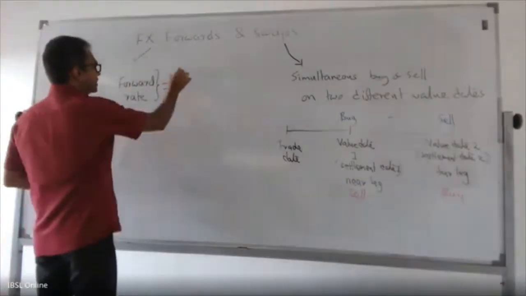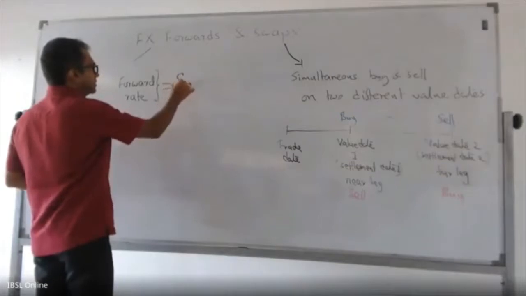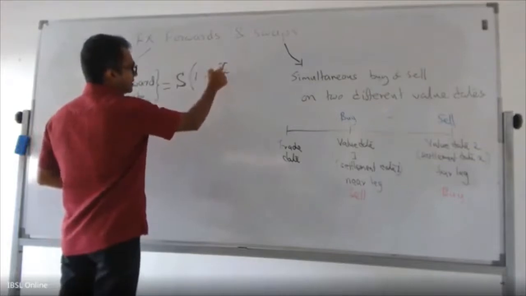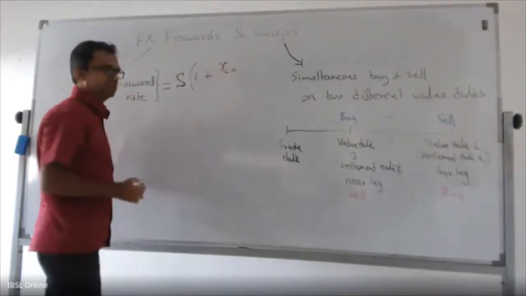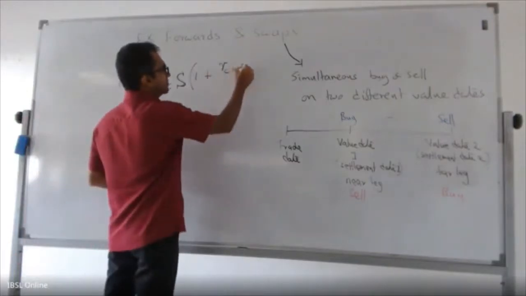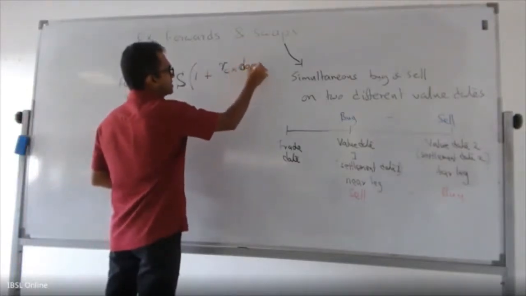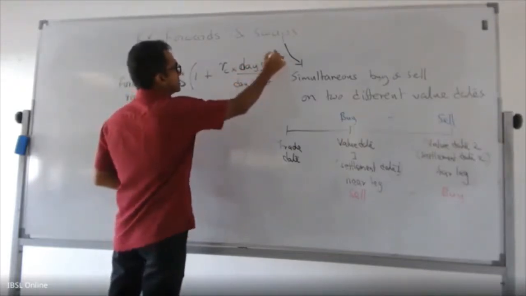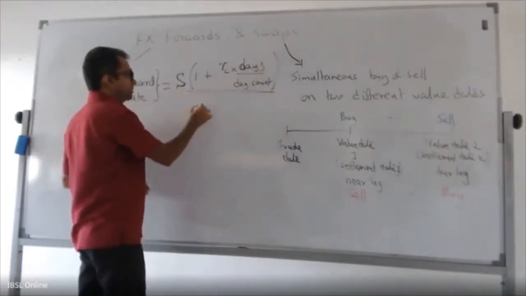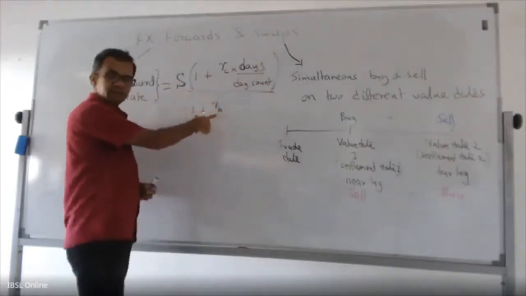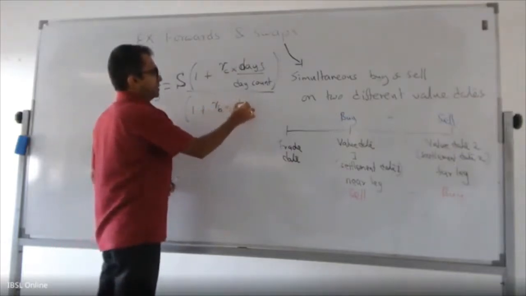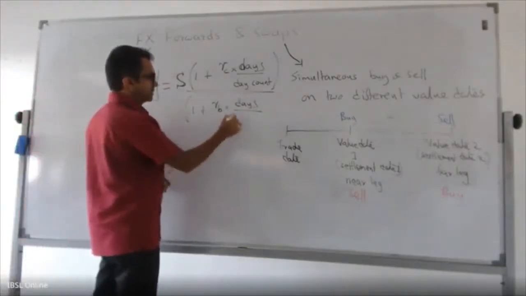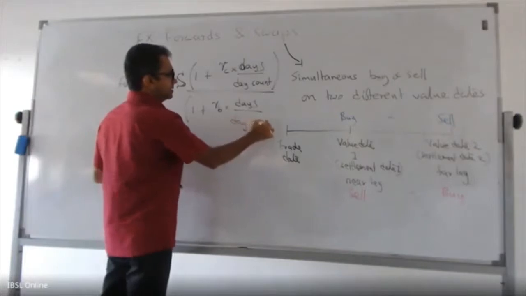Based on that, we derive the equation: spot into 1 plus interest rate on the counter currency into number of days divided by day count, everything divided by 1 plus interest rate of the base currency into number of days of that particular forward transaction divided by the day count.